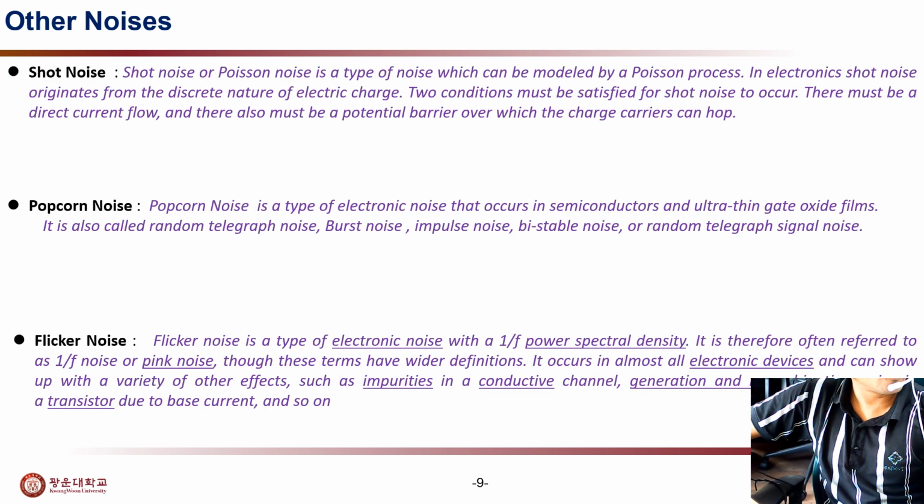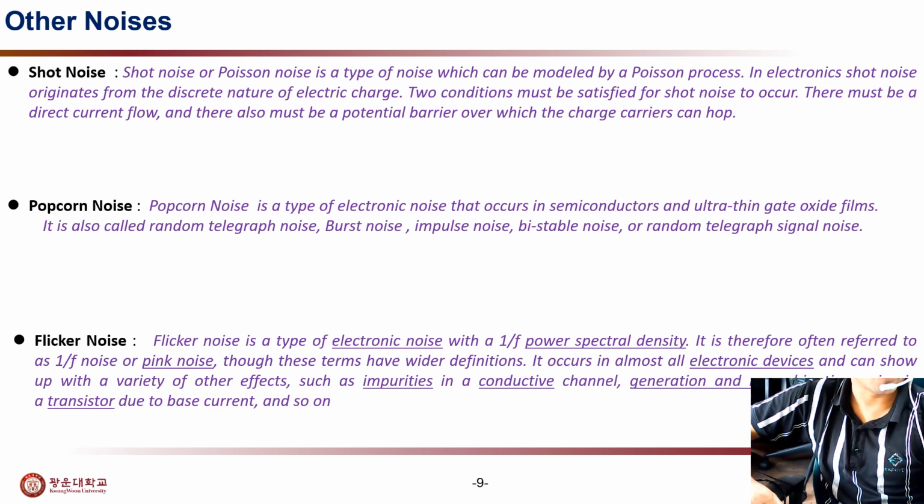We also note other different noises, but I want to discuss here another three noises: shot noise, popcorn noise, and flicker noise. Briefly, I will discuss shot noise first. Shot noise or Poisson noise is a type of noise which can be modeled by a Poisson process.